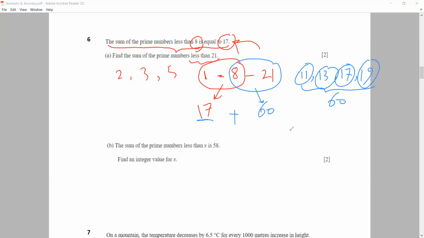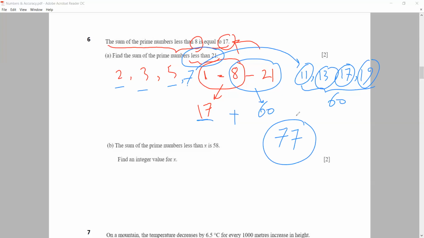We add them up, and in total we get 77. So the sum of prime numbers less than 21, which I list here for you: 2, 3, 5, 7, and then the next ones are 11, 13, 17, 19, should be 77.